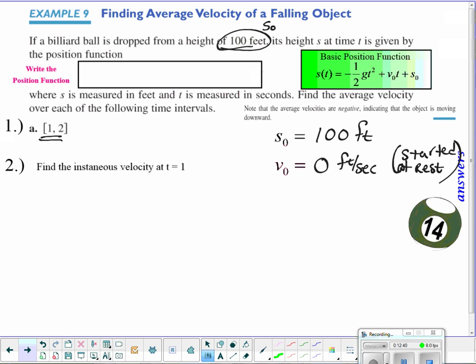From those two pieces of information, we can write out our own position function for this scenario. And I'd have -1/2.